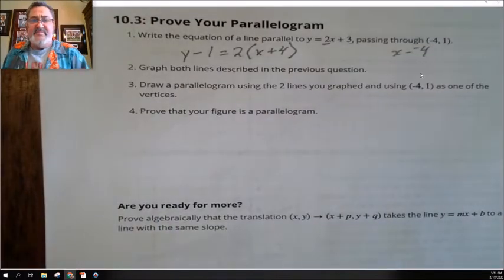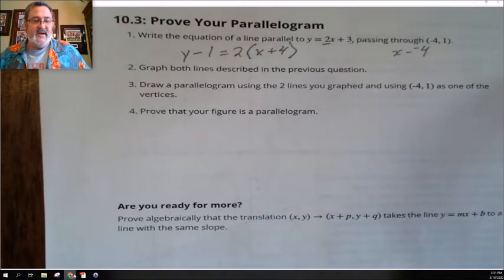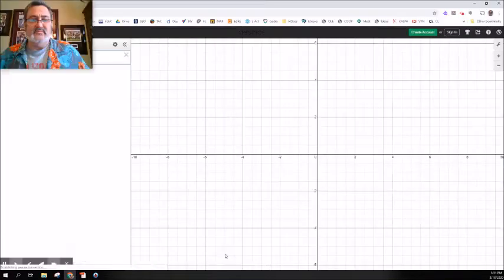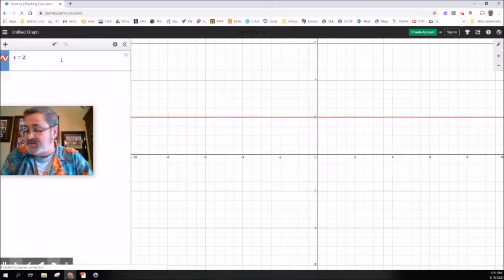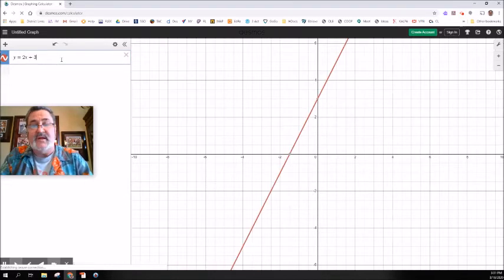Now it's saying graph both lines described in the previous question. All right, let me pull up our graphing software. Let me move myself out of the way a little bit. Okay, so we have y equals 2x plus 3. So there's the line 2x plus 3.